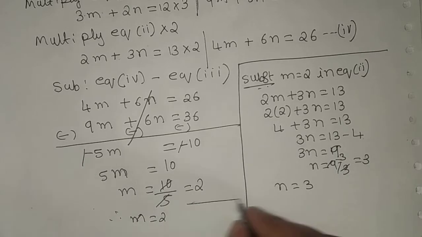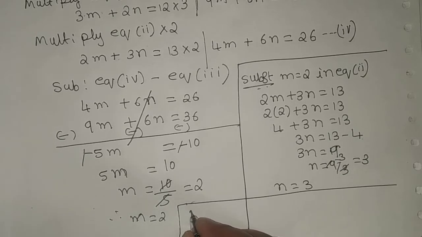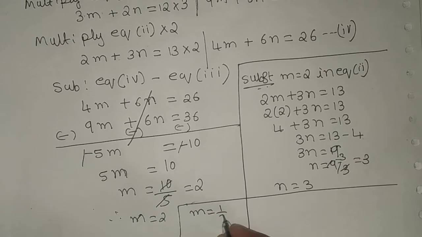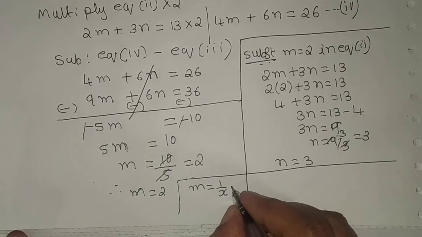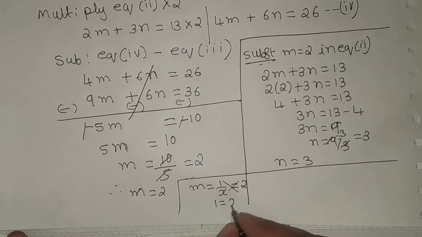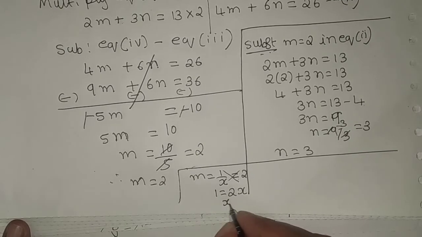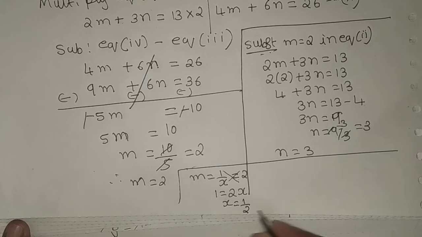Now taking this, we have to find x. That is m is equal to 1 by x, where we substitute 2, then cross multiply this. Therefore we get 1 is equal to 2x, so x is equal to 1 by 2.